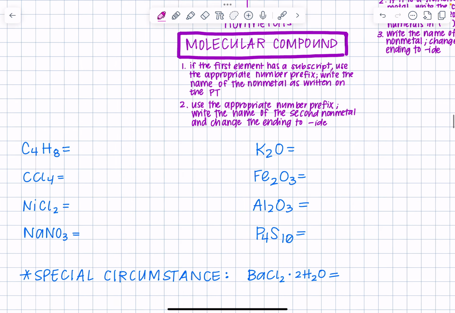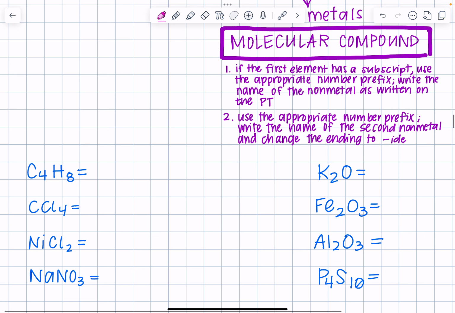So if our first element has a subscript, we're going to use the appropriate number prefix. And I'm going to write those out for you right now so that you have those. One is mono, and most of these are things that you'll be familiar with already.